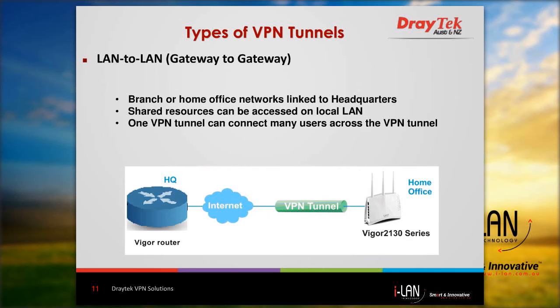And users at the branch office can access servers or printers, for example, as if they were on the local network. In this mode, only one VPN connection is created, and all staff at the branch office can access the head office services. At the same time, head office staff can access the branch office services, so it allows two-way communication across the tunnel.